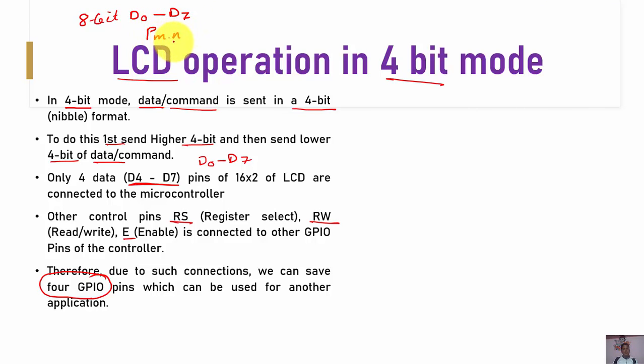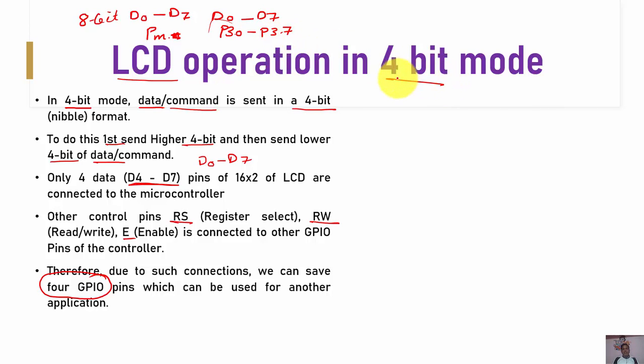Say, for example, suppose I am dealing with port P3. Then from P3.0 to P3.7, all these 8 port pins are engaged to transfer the data as well as commands to the LCD. In short, for 8-bit mode, all 8 GPIO port pins of the 8051 microcontroller are engaged.